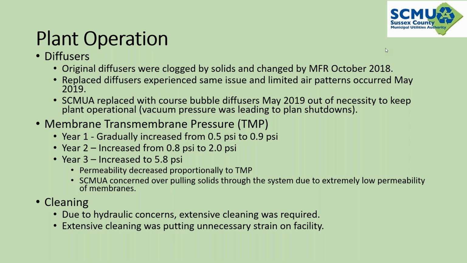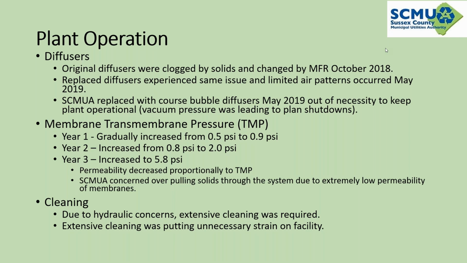So year one, everything looks pretty good. You're looking at a transmembrane pressure between 0.5 and 0.9, which is a pretty good range. Normally a good operating range is anywhere up to about 1.5 psi. That's what I've found, and through speaking with other manufacturers, that's a pretty happy range.